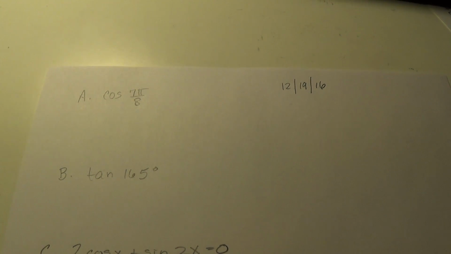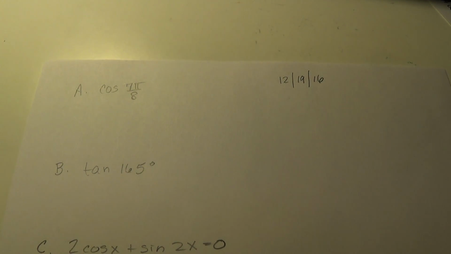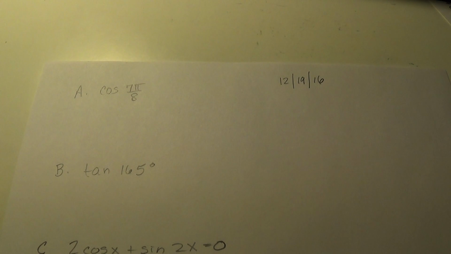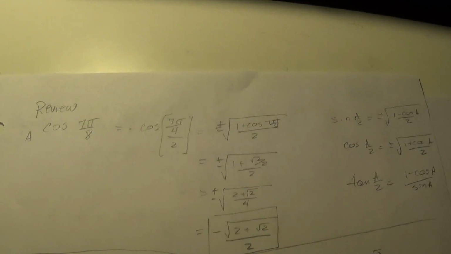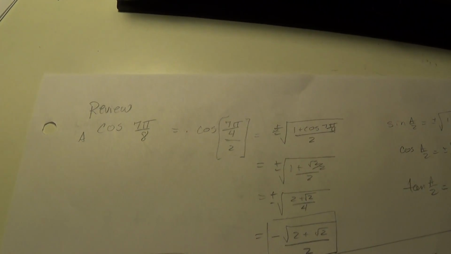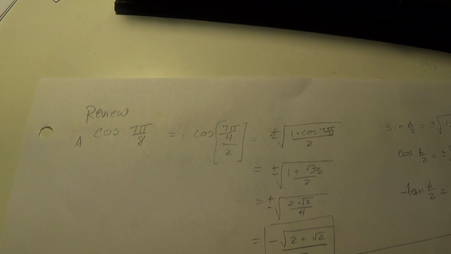Alright, these are good review problems along with the last 2 review videos. They tell you the type of problems to expect on tomorrow's evaluation. Alright, here's how we do the first one, and that was the cosine of 7 pi over 8.